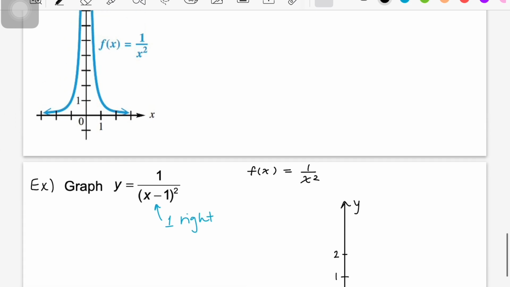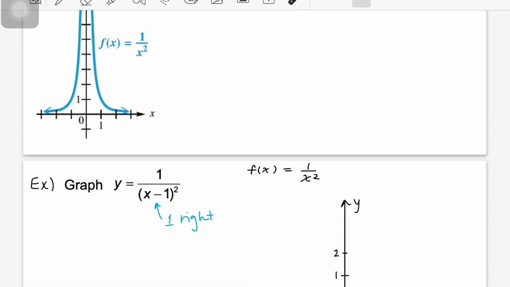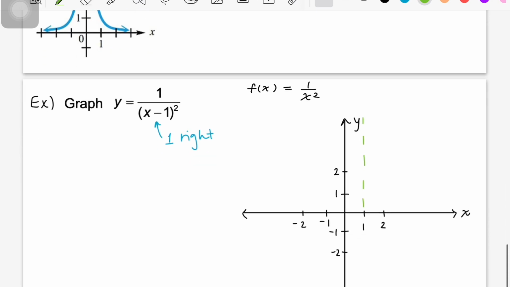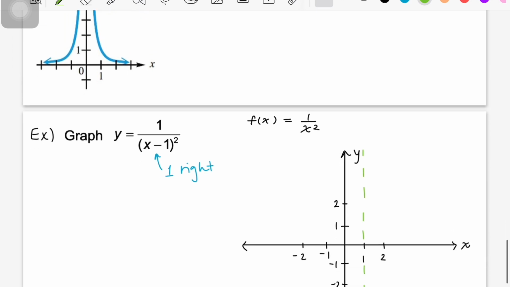Based off of this graph, we know our vertical asymptote is going to be right at this point here. And then our horizontal asymptote is going to stay right here along the x-axis because we're not shifting this graph up or down.